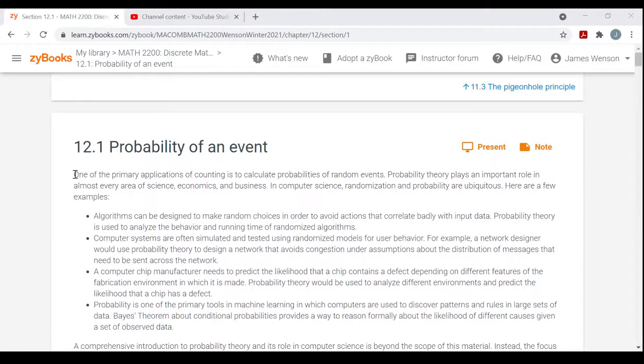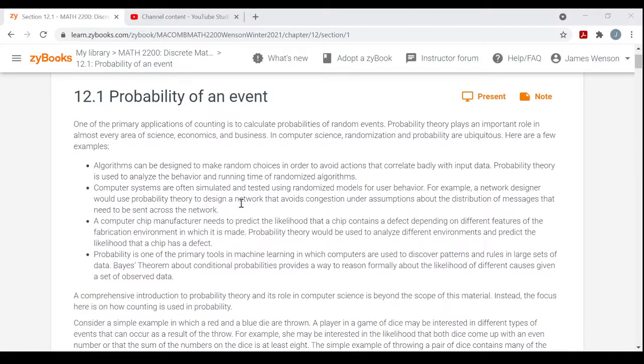So here, one of the primary applications of counting is to calculate probabilities of random events. Probability theory plays an important role in almost every area of science, economics, and business. In computer science, randomization and probability are ubiquitous, widespread, used a lot. Here are a few examples.